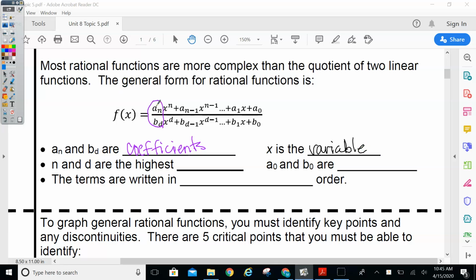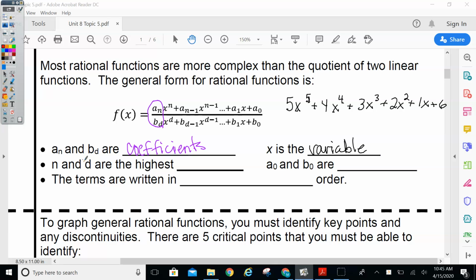So like right here, if we make a number for an, we can do 5x to the 5th, and then we just go down: plus 4x to the 4th plus 3x cubed plus 2x squared plus 1x plus, I don't know, 6 is the constant. So that's all this means, is that you start with the highest one first and then you decrease, and same thing for the denominator.